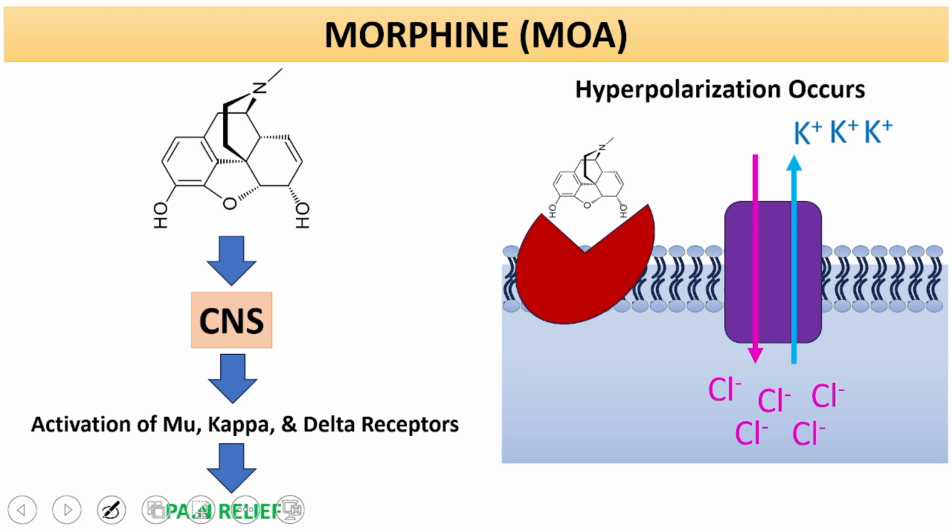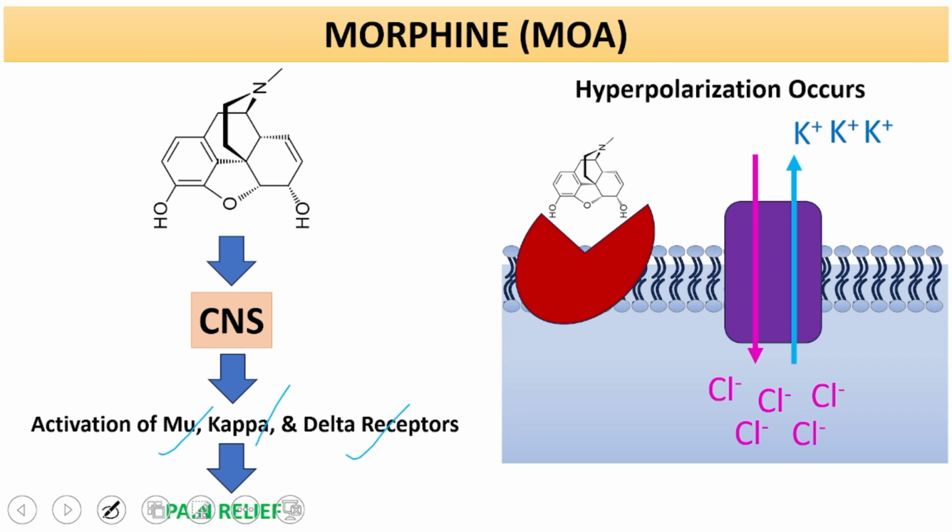So what is the mechanism of action of such drugs? First of all, morphine activates the mu, kappa and delta receptors, helping in pain relief.